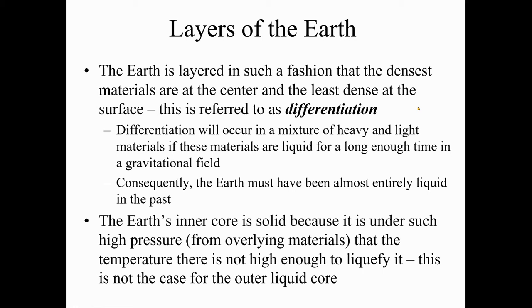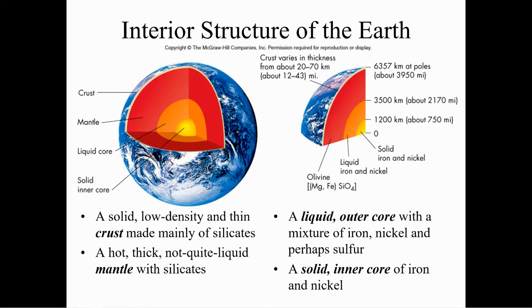The Earth's inner core is solid because it is under such high pressure from overlying materials that the temperature there is not high enough to liquefy it. This is not the case for the outer liquid core. So, going back, the reason this is solid is not necessarily that it's not hot enough, but that it's not hot enough under the situation.